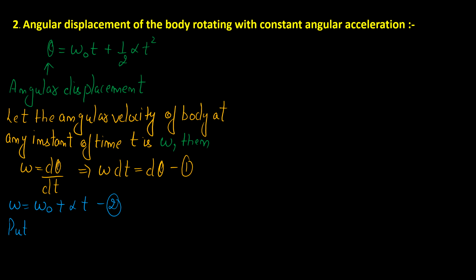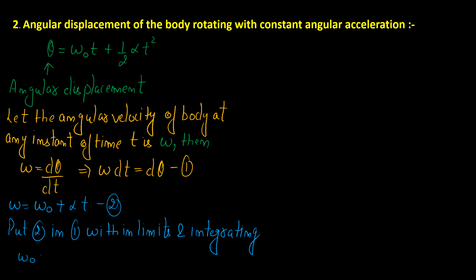Put second in first, within limits, and integrating, we get integral of omega naught plus alpha t, dt, equal to d theta, and limits are 0 to t for time, and displacement is 0 to theta.